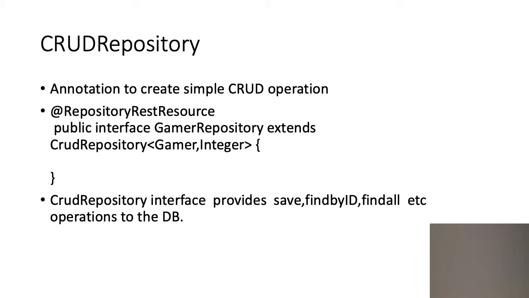This means the Gamer with the ID of type Integer will be exposed without much code for all the CRUD operations in the database, which means the CrudRepository interface provides me with save, findAll, findById, etc. operations of the database. This is a very easy way to wrap objects that are in the database and expose all the methods provided by JPA in one class.